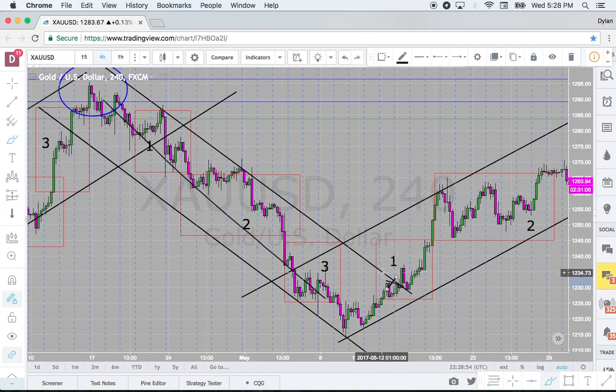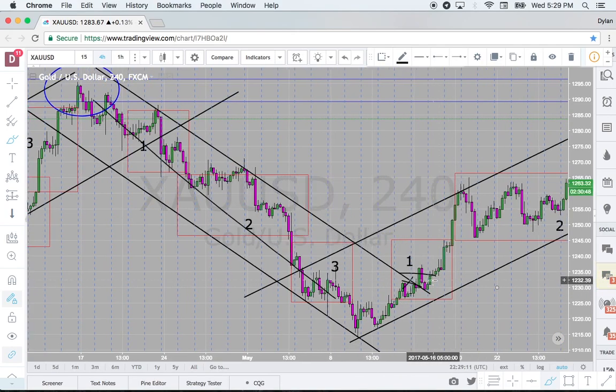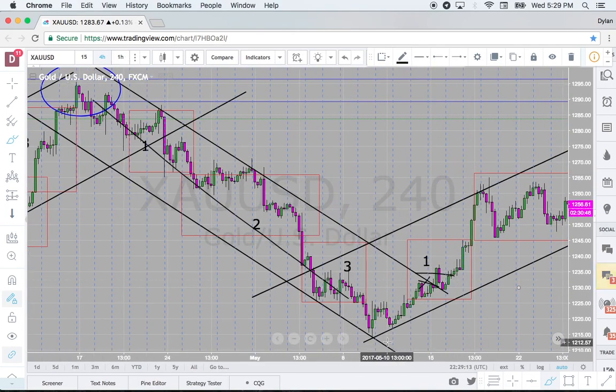Their stop losses would be above that high. Alright, I guess we did kind of talk about the stop loss and take profits, but we didn't really talk about the take profit zones. So why does the trend reverse at the 3rd level?